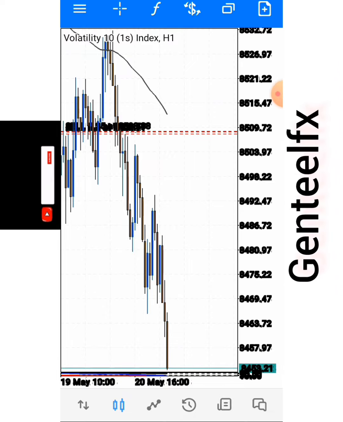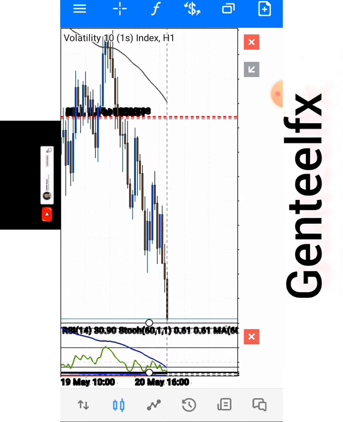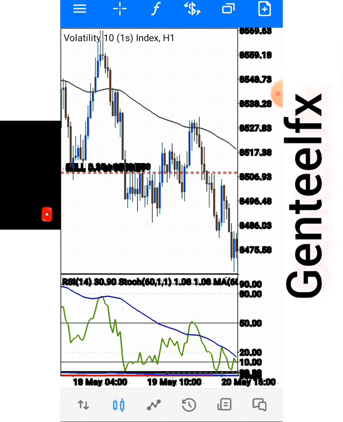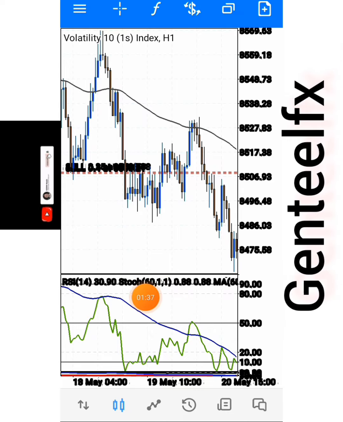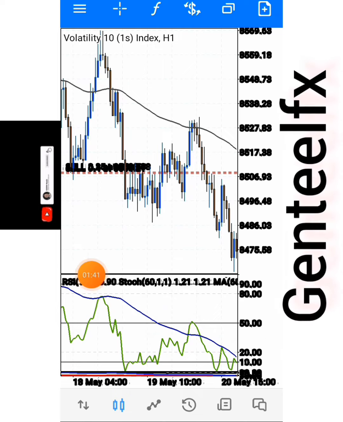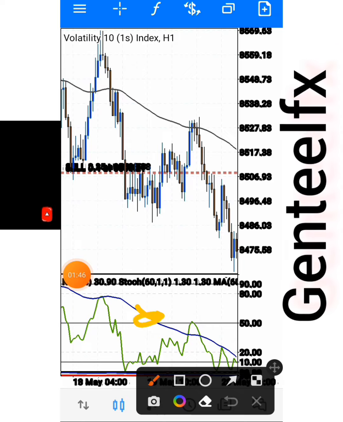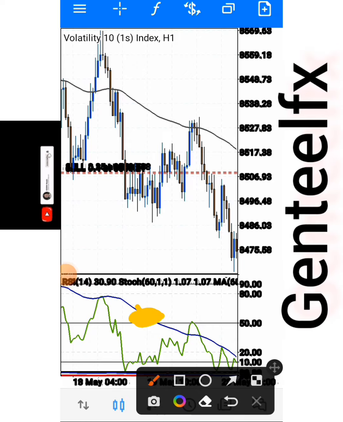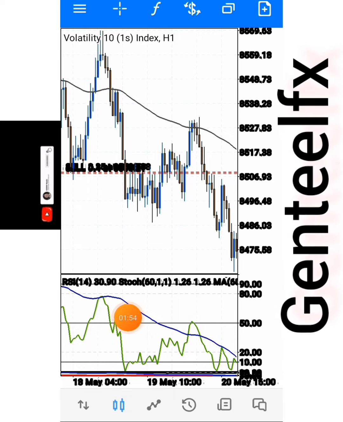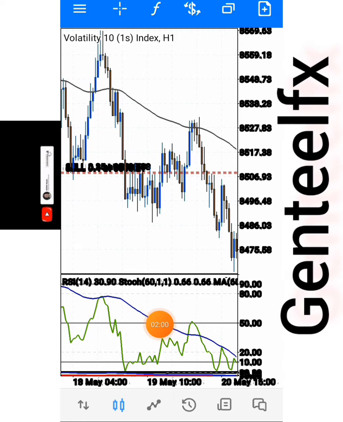But for me to have many confluences, I need to bring in my indicator, and with the help of this 60 moving average, this black one I'm touching, and how it crossed the stochastic signal line, I know this market also gives me a clear view that it is in a downtrend.